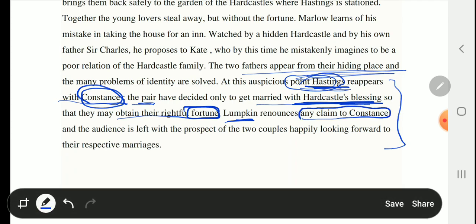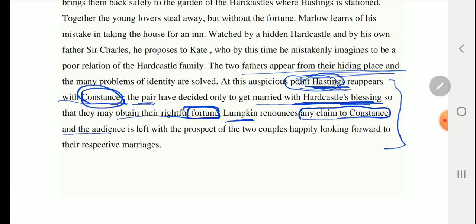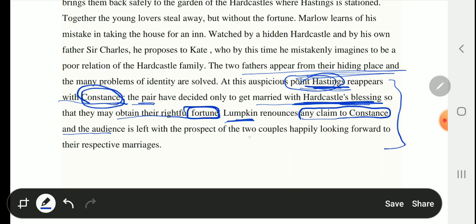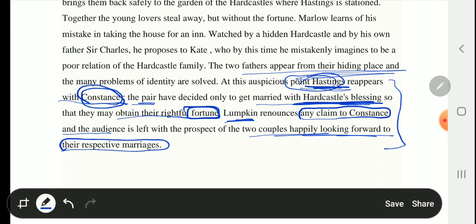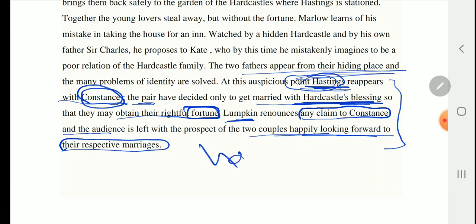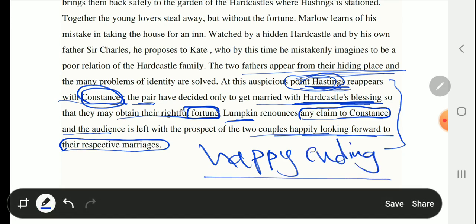He said that I don't want to marry her. Okay, and the audience is left with the prospect of the two couples happily looking forward to their respective marriages. Do you see that? By the end of the play, there is a happy ending. Okay, and we can say that the mistakes of a night are happily over.